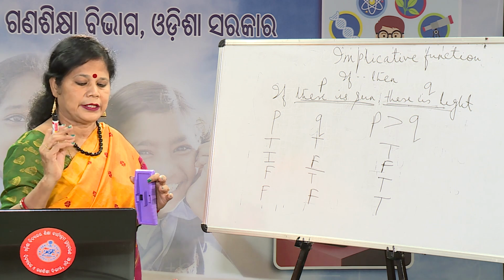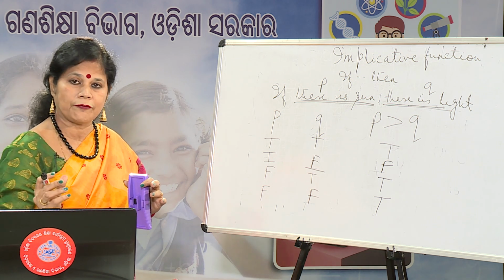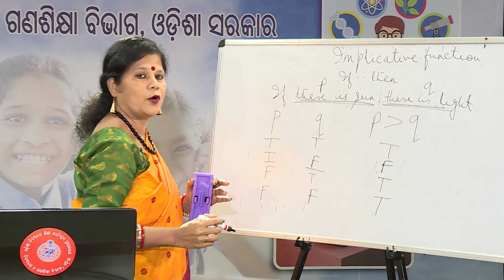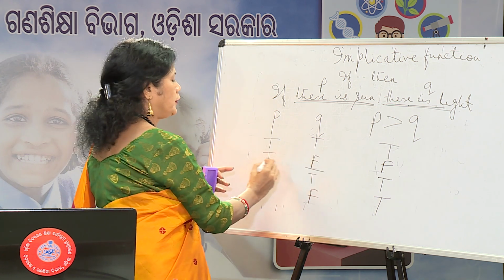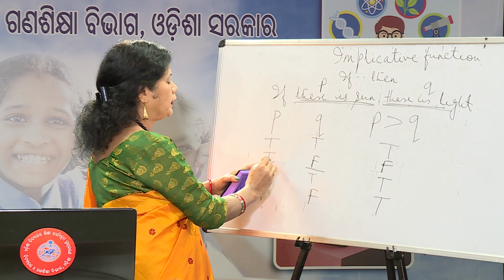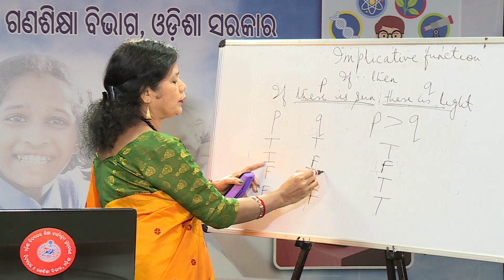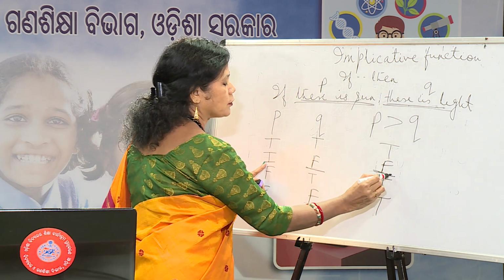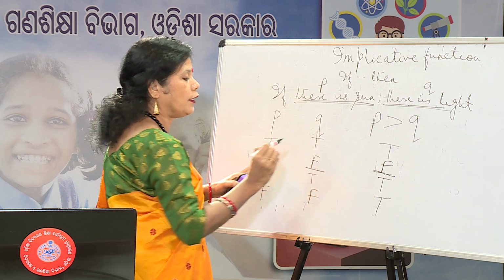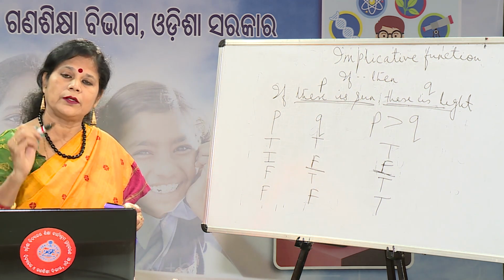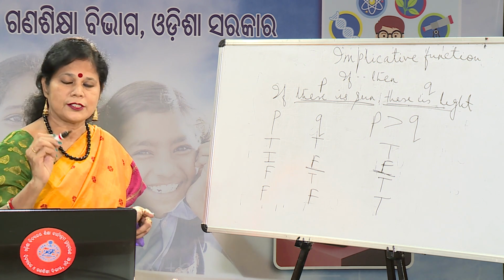Whenever the antecedent is true and the consequent is false, the implicative function will be false. Okay, see here, antecedent is true, consequent is false, so we get false. So implicative function is false under this condition, and under other conditions implicative function is true.